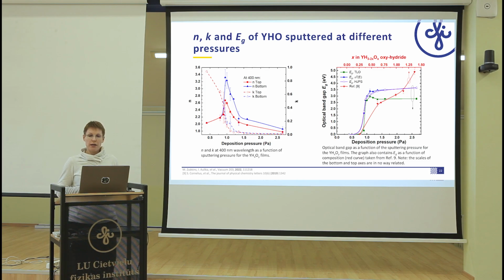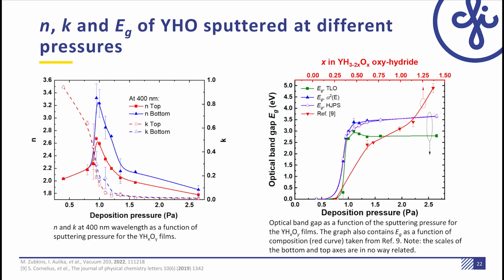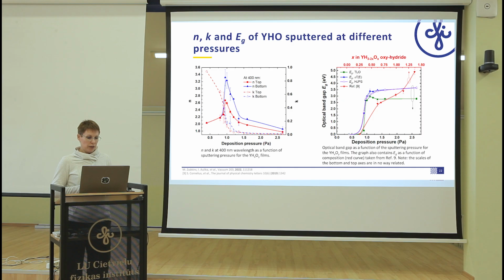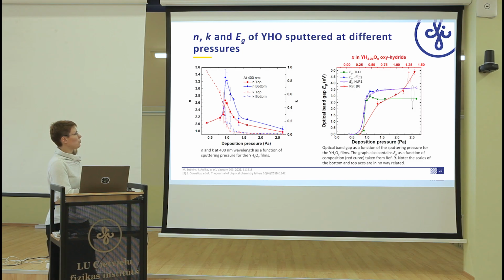Here you can see how the refractive index, extinction coefficient and optical bandgap vary with sputtering pressure. At around 1 Pascal, we have a clear peak of refractive index and extinction coefficient over here. It is especially evident near the film surface, indicating a transition in the film's optical nature. We have also observed this peak near the film substrate.